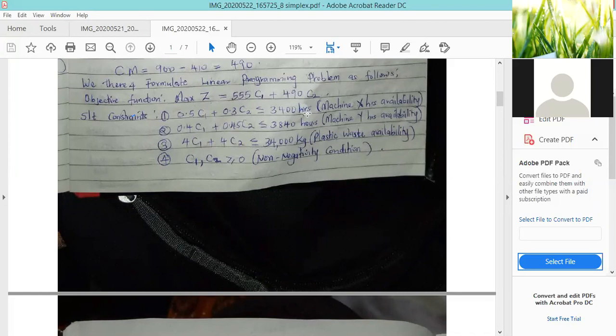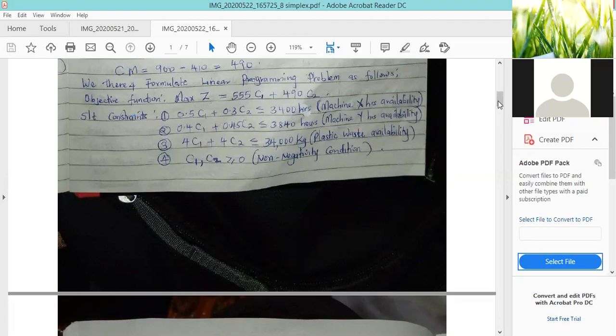Then finally, for machine Y hours, how much have we used? If we come to machine Y hours, you fix the values of 4250 C1, 4250 C2, you will not have exhausted 3840. You'll only use the amount of 3612.5.